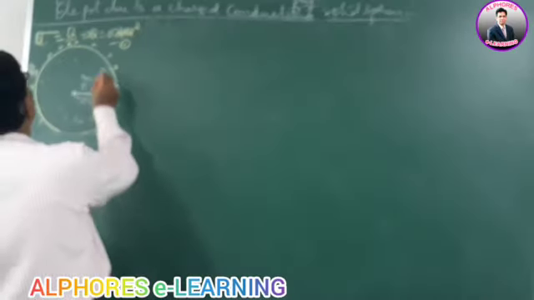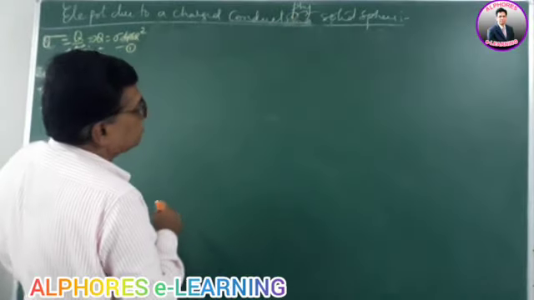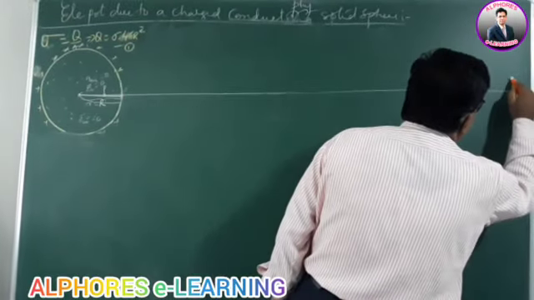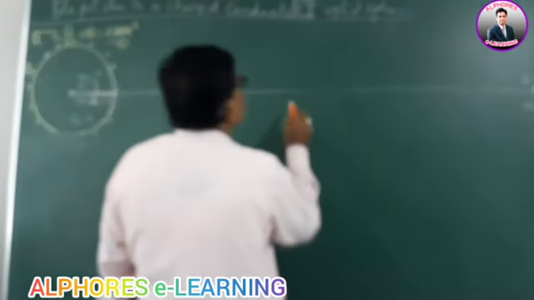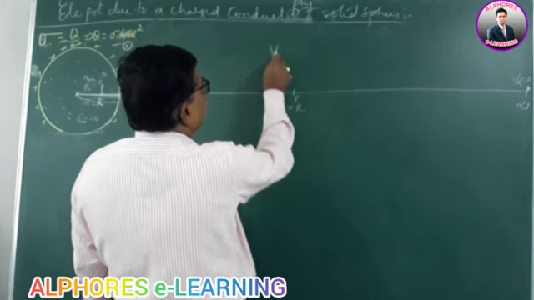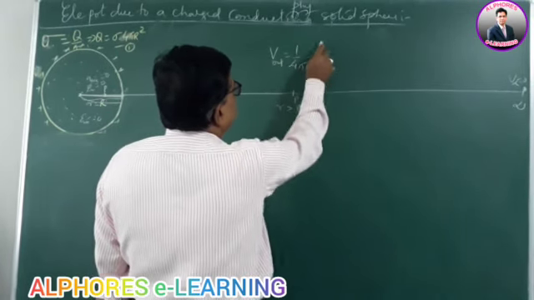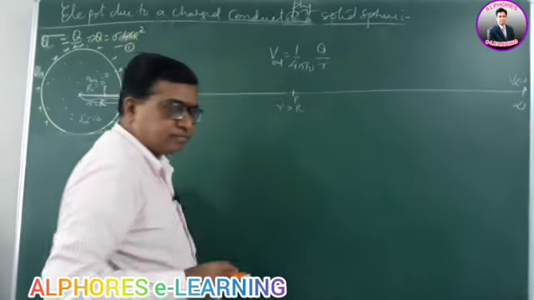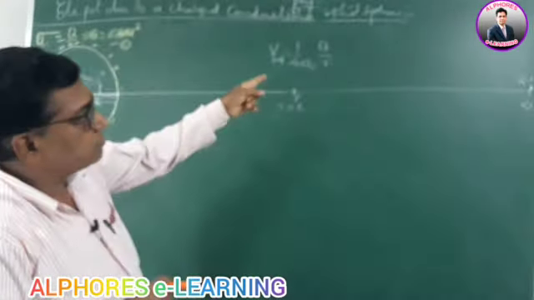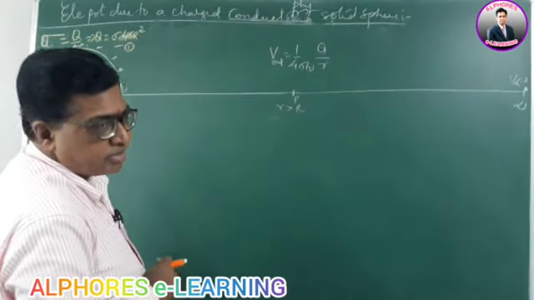For a charged conducting solid sphere, first of all, the potential at infinity for any charge is 0. For an outside point P, for all r greater than R, the potential at any outside point is 1 by 4 pi epsilon naught q by small r, where q is the quantity of charge and r is the distance from the point.